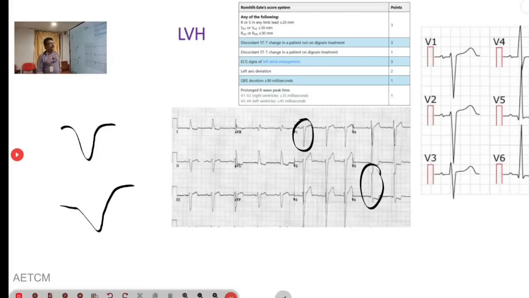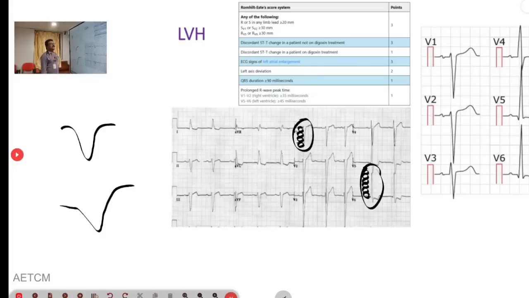You calculate the number of large squares in the V1 S wave plus the V6 R wave. So 1, 2, 3, 4, 5, 6, 7, 8, 9, 10. 10 into 5, 50.